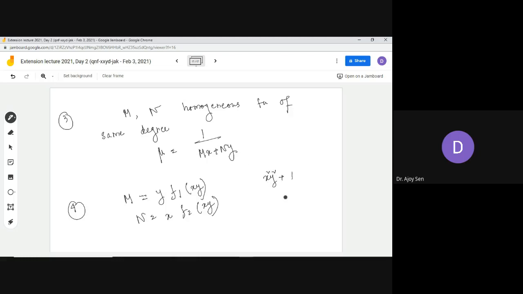So f1 of xy, if there is no comma, is xy multiplication, like in this function sin xy, this is a function of xy. And again N is x into f2 of xy, a function of xy. N is also a function of xy multiplied by x, and you have Mx minus Ny non-zero. In this case, mu will be 1 by (Mx minus Ny).